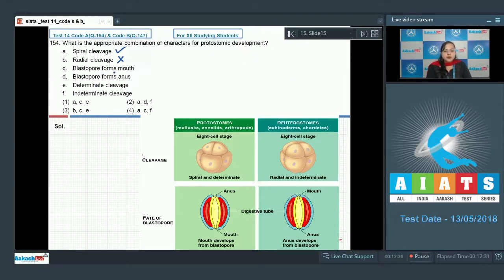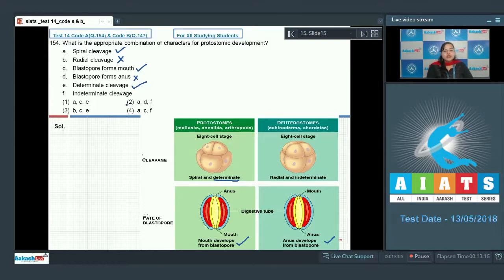C is given, blastopore forms mouth. In protostomic development, the blastopore forms the mouth, while in deuterostomic development, the blastopore forms the anus. So C is correct regarding protostomic development. E is given, determinate cleavage. In protostomic development, the fate of each blastomere is determined from the beginning, and a complete embryo is formed only if all the blastomeres remain together, and we call such cleavage division determinate cleavage.